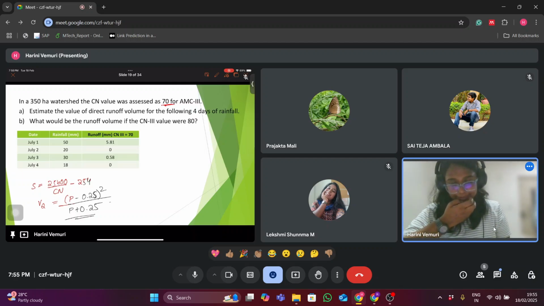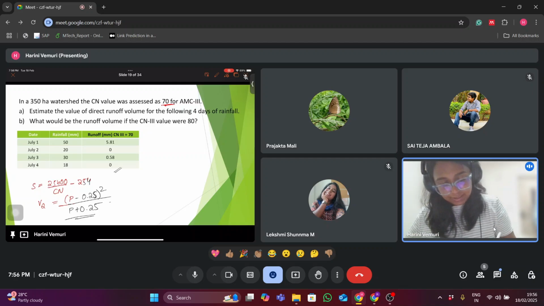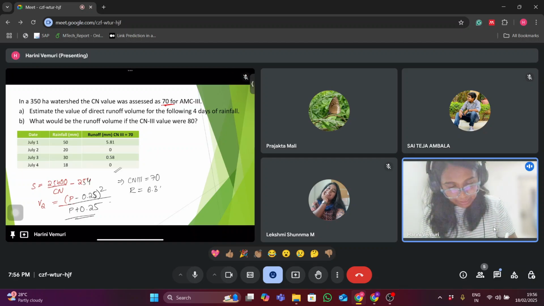Okay. So for AMC 3 for curve number value equal to 70, this will be our runoff values in each case. And in the second question, they are asking what would be the runoff volume if the CN3 value is 100. For CN3 equal to 70, the runoff value is 5.81 plus 0.58, that is 6.39 mm.